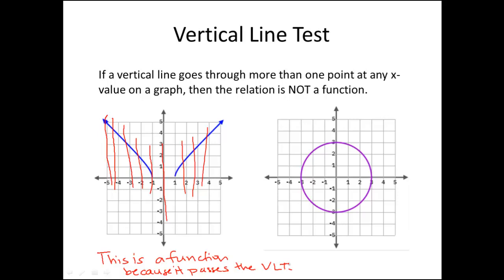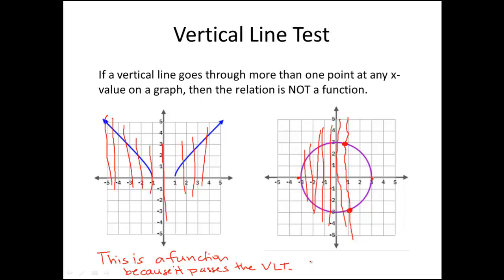Let's take a look at the circle. What happens if we put a vertical line through this circle? Ooh, that time we crossed the circle at 2 different points. That means that this x value is paired with more than one y value. Right here it fails, but look at how many places on a circle it's going to fail. Everywhere except, I'd say, right here and right here.